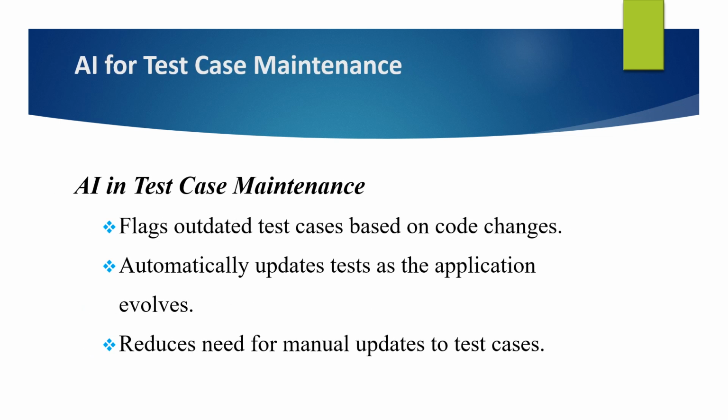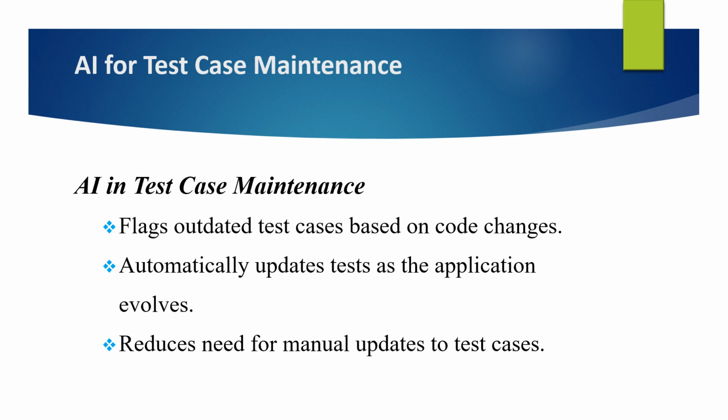One of the most time-consuming tasks for QA teams is maintaining test cases, especially in agile environments where code is constantly changing. Here's where AI really shines. It can analyze code changes and automatically flag test cases that may be impacted by these changes. Let's say you've recently updated the user interface for your application.